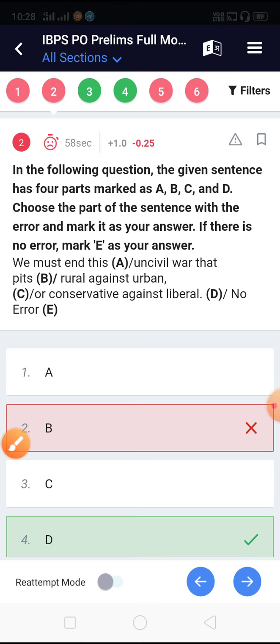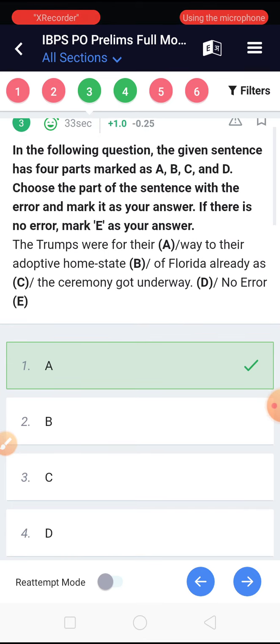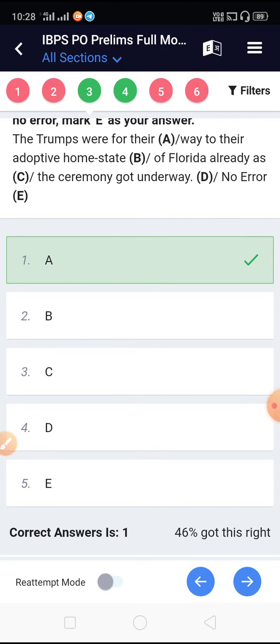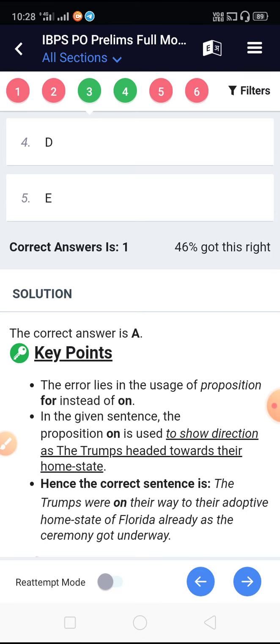तो डी में जो गलती है तो डी हो जाएगा. अगला देखते हैं. The Trumps were on their way to their adoptive home state of Florida already as the ceremony got underway. No error. ए में गलती है. Trumps were for their, for के जगह instead of on हो जाएगा. Preposition है, thus the error lies in use of preposition for.